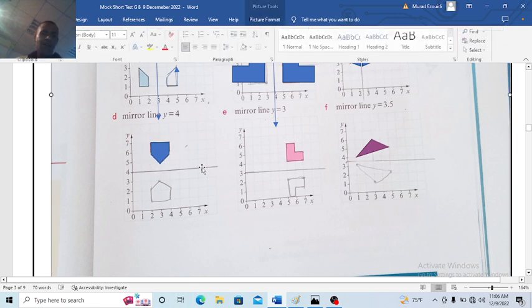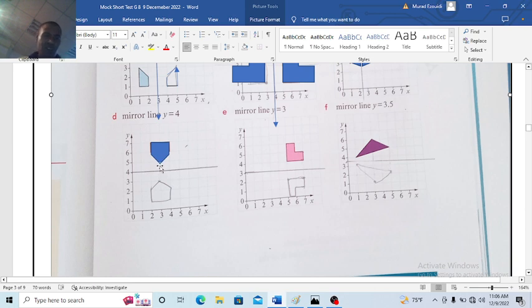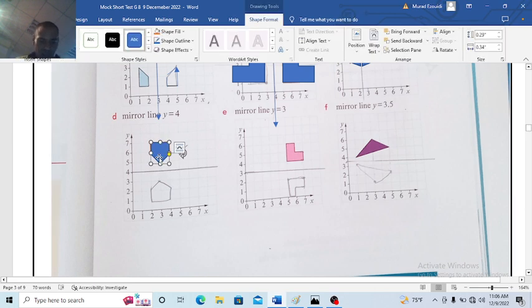Now I'm going to reflect this under the mirror line y equals 4. You see the mirror line y equals 4. So this point is 1 centimeter away from the mirror line. I should go down 1 unit and draw the image of this one. So in general your shape should be like that.